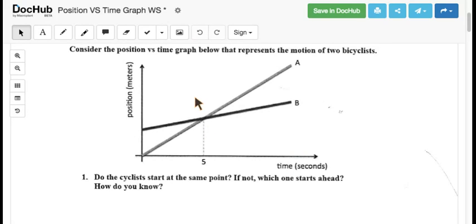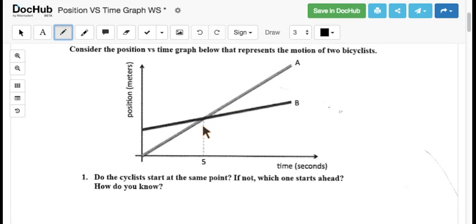Now, remember, we've talked about this. When the line is a straight line in a position versus time graph, that means a constant velocity. That would mean that this biker here is traveling at the same speed the entire time.